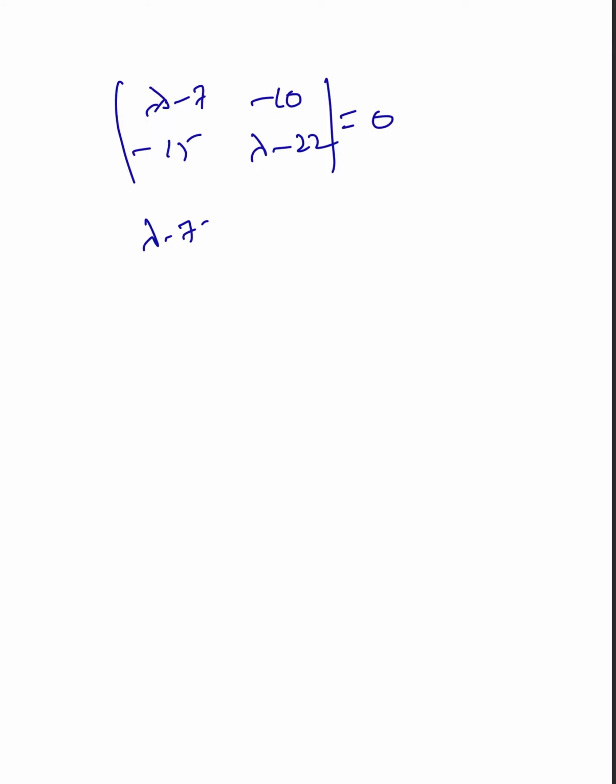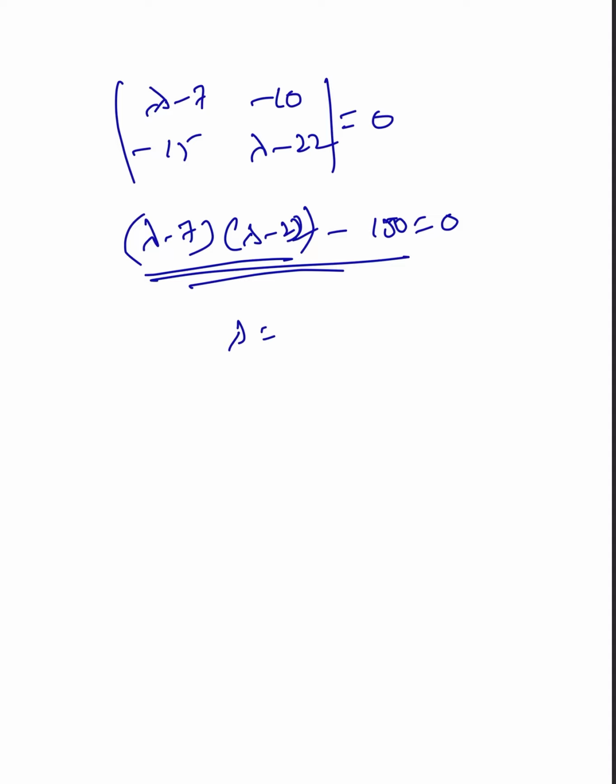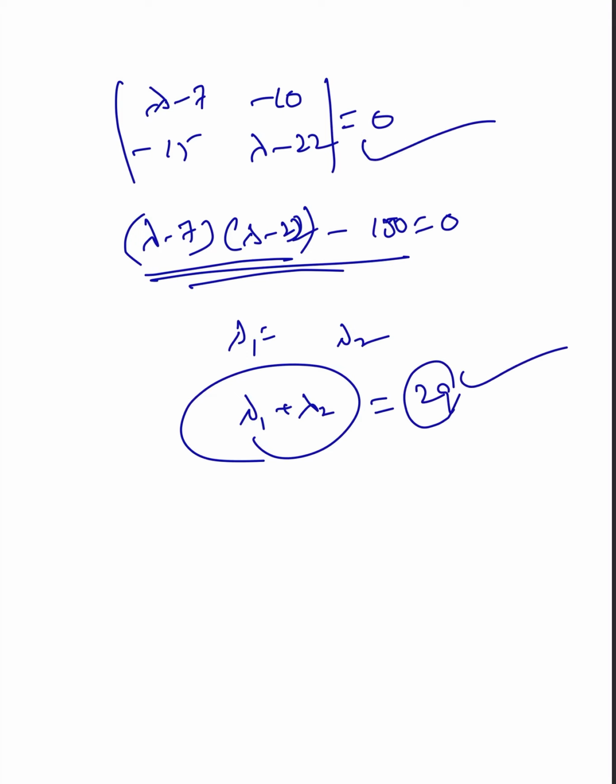So (lambda minus 7)(lambda minus 22) minus 150 equals 0. This is a quadratic equation. You can find lambda 1 and lambda 2, and lambda 1 plus lambda 2 is the sum of the eigenvalues, that is 29. This way also you can get the sum of the eigenvalues.